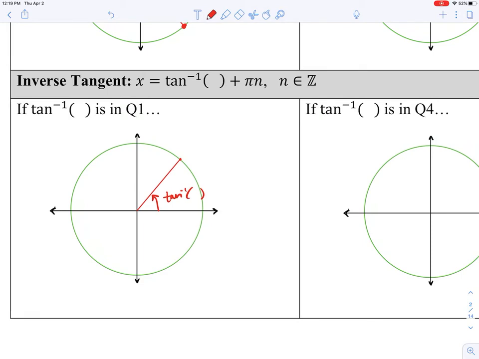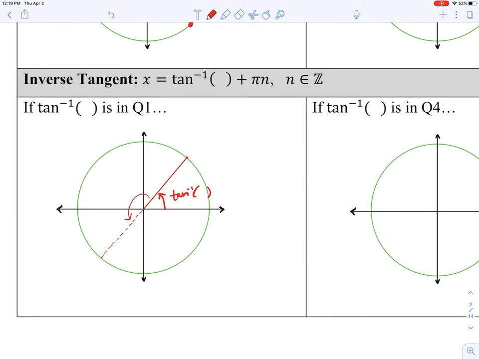Okay. Now, if we were to add pi or subtract pi, that would put us into quadrant 3, right? So if we add pi, we would end up there. That would be pi plus inverse tan. Or if we were to subtract pi, then that would put us here.